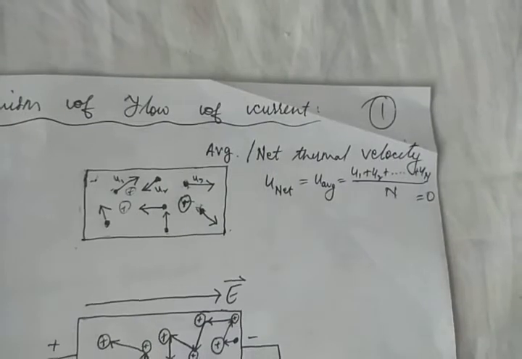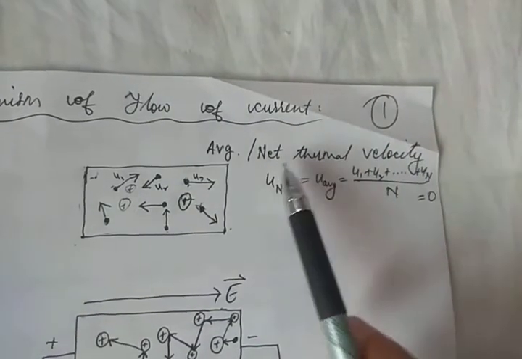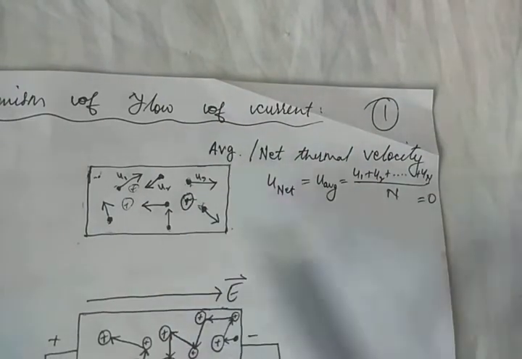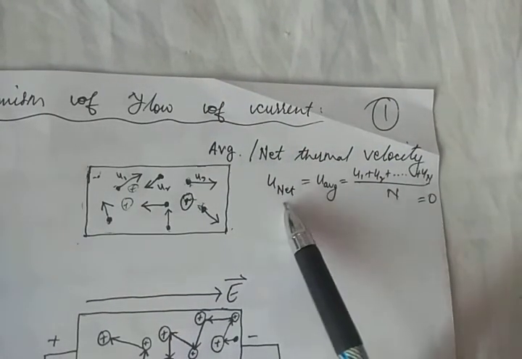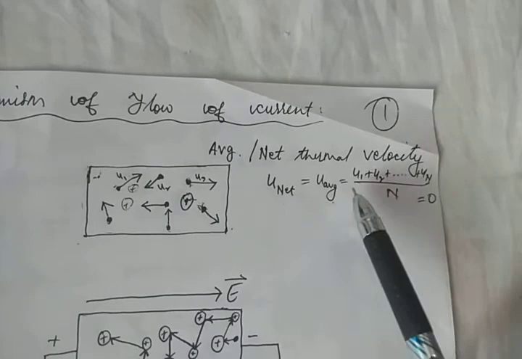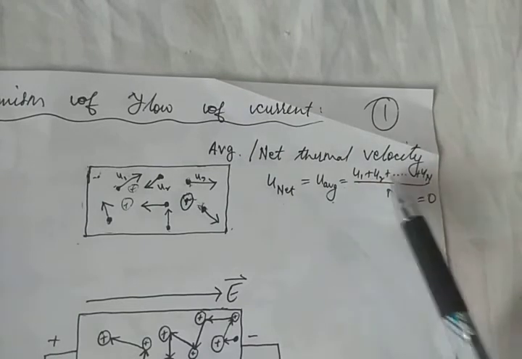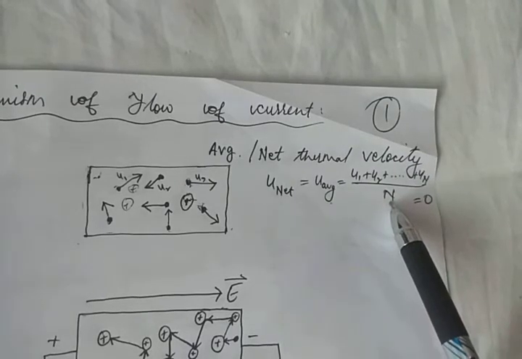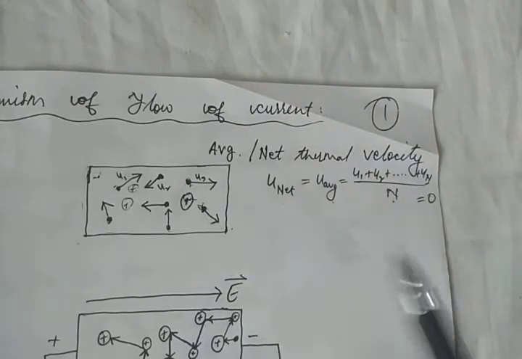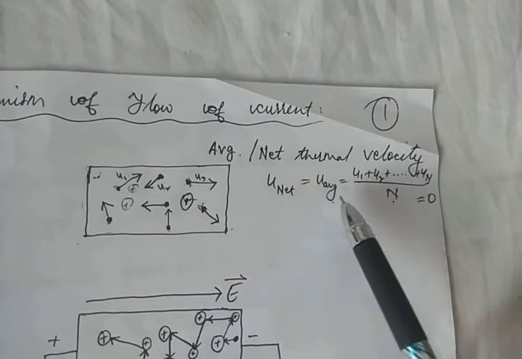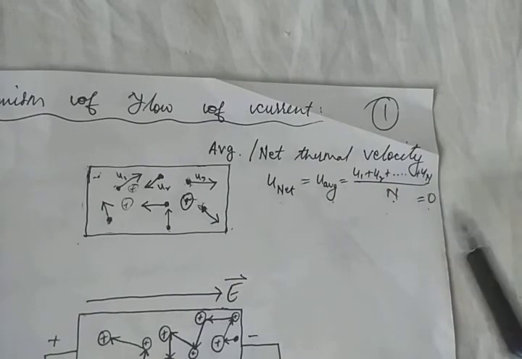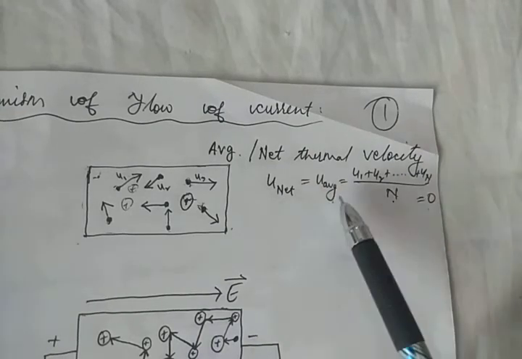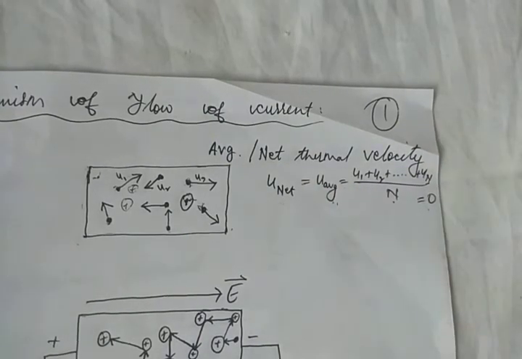But whatever the case, the average or net thermal velocity of the electrons inside this conductor, which I'm denoting by u net or u average, is equal to u1 plus u2 plus dot dot dot plus uN, divided by capital N, where capital N is the total number of free electrons inside this conductor. The u net or u average will be 0. The thermal velocity will be 0, remember. Don't forget this.